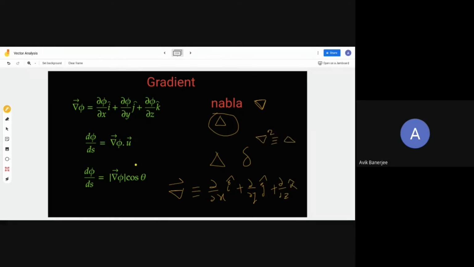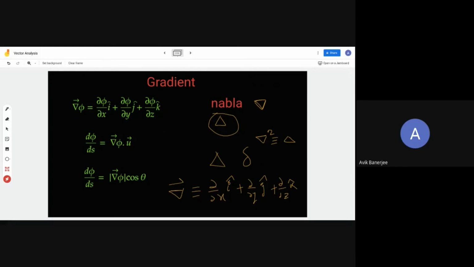So for the time being, we are talking about this del operator. So this operator is operating on phi, and we are calling this grad phi, gradient of that scalar function phi, which is del phi del x i cap plus del phi del y j cap plus del phi del z k cap.